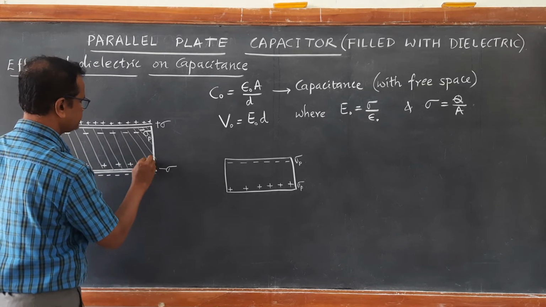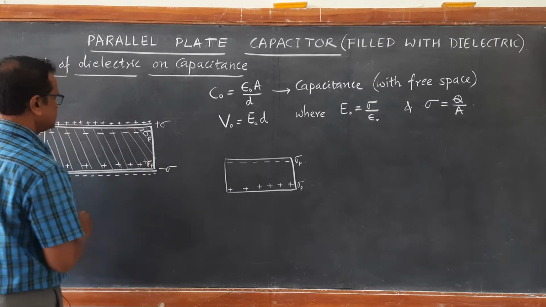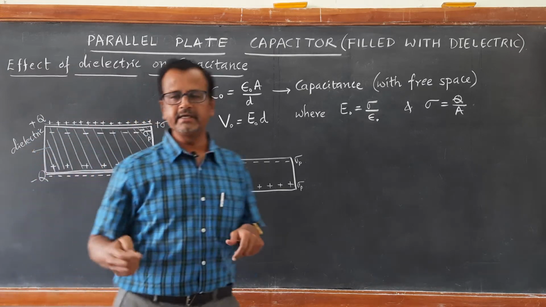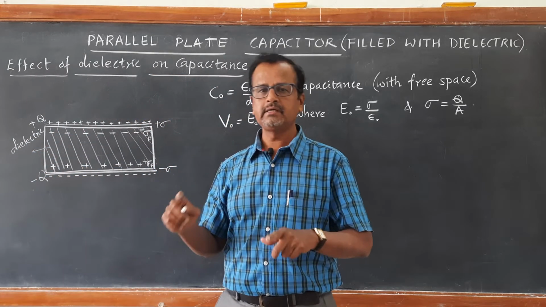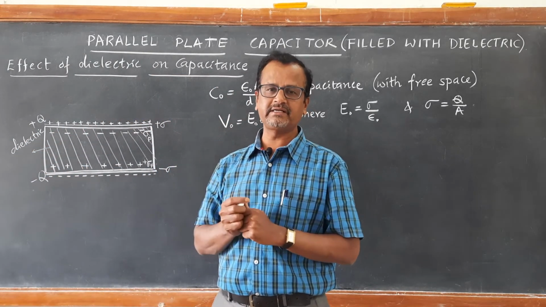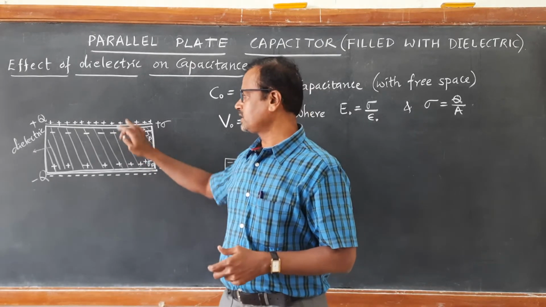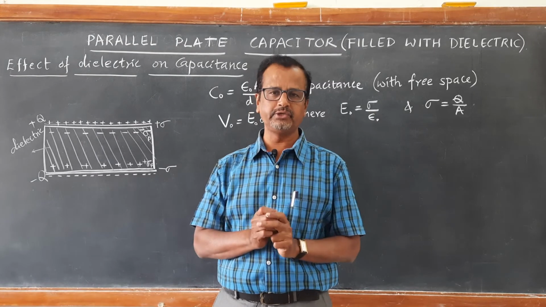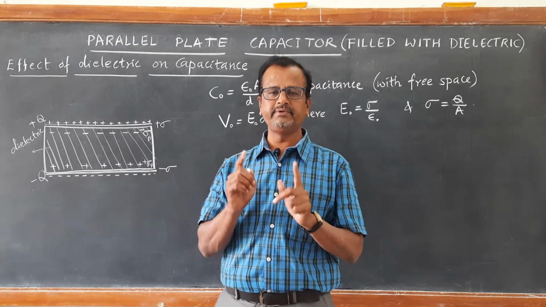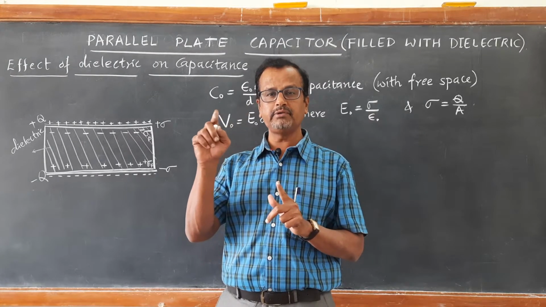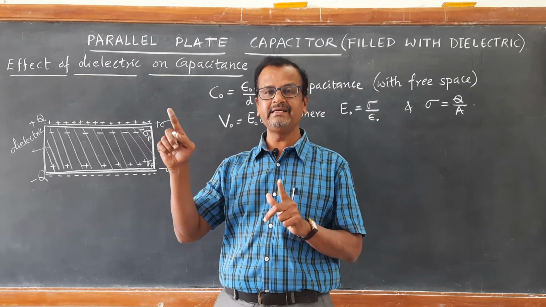As a result, the electric field developed in the interior of the dielectric opposes the external electric field. Thus, as we have studied earlier, the total electric field is reduced. Total electric field will be E naught minus E in.